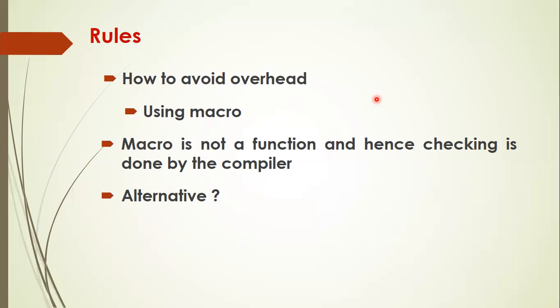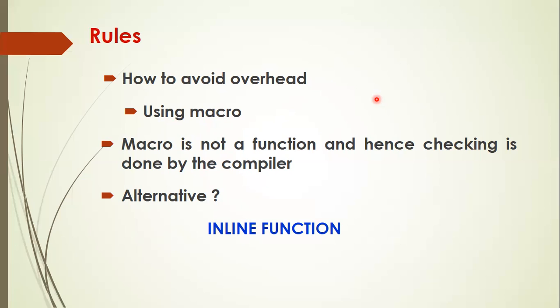There is another way, the second method of avoiding the overhead time while writing it as a function, which is the inline function. The purpose of an inline function is to write something as a function and still avoid the overhead time.